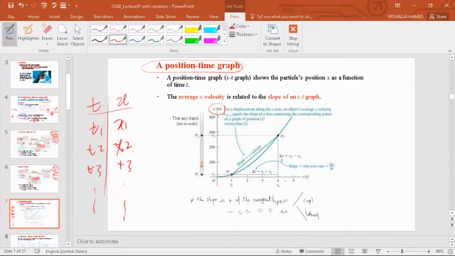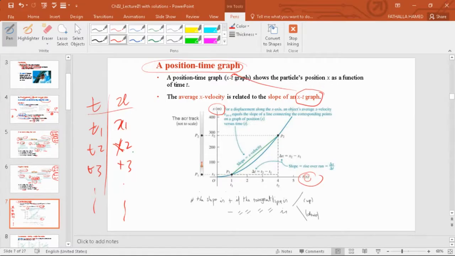On the horizontal axis, or the x-axis, sometimes we always say x and y to present these graphs, you have here the time, and of course the units of that time is seconds. And you draw a curve. Okay. We call this xt graph or position time graph.